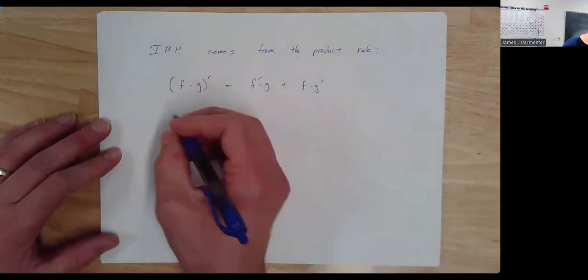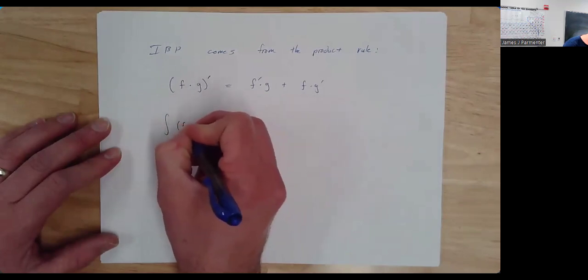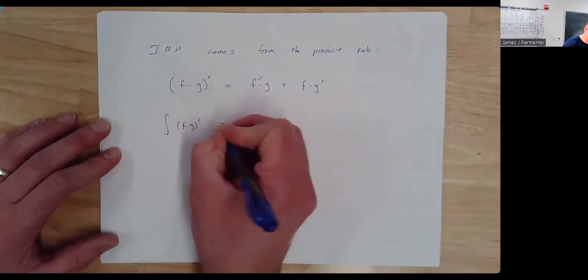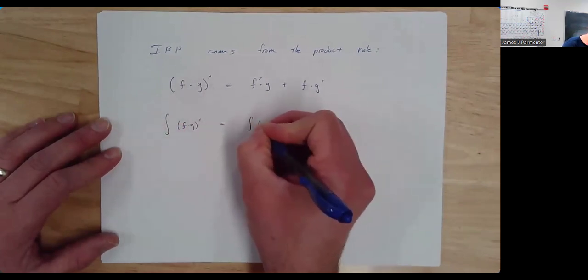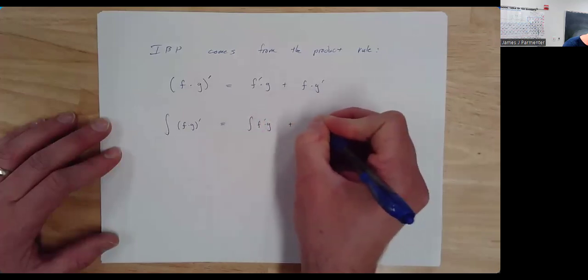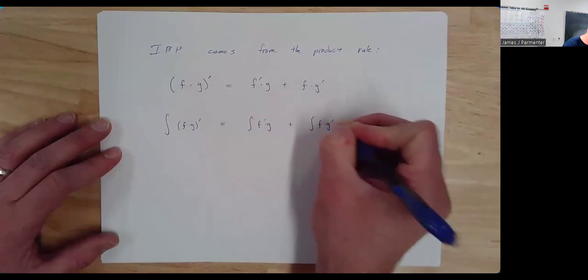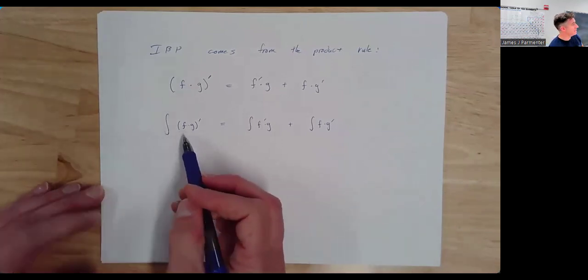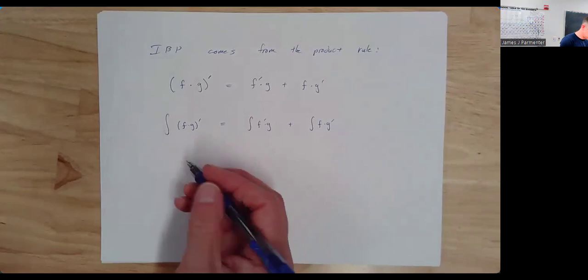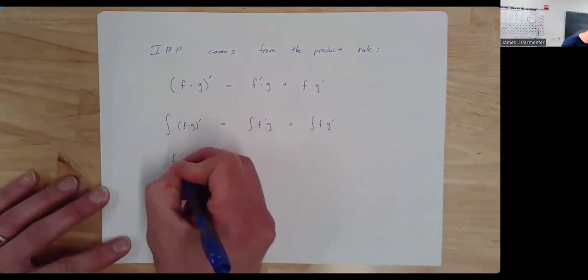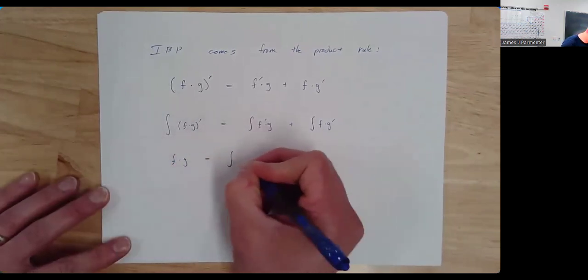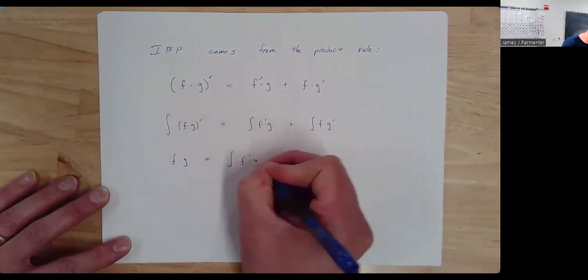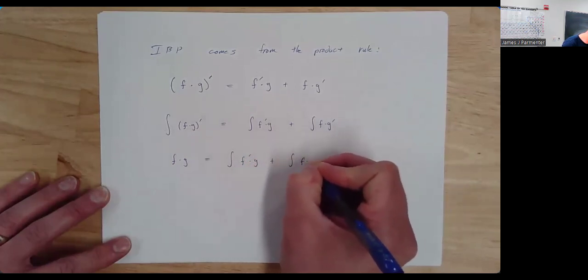The antiderivative of f times g prime should be equal to the antiderivative of f prime times g plus the antiderivative of f times g prime. But the antiderivative of the derivative is just the stuff you have. So this right here is just going to be f times g, and it's equal to the antiderivative of f prime times g plus the antiderivative of f times g prime.